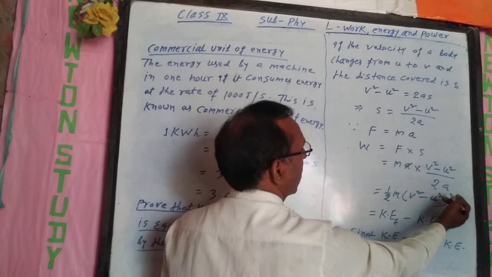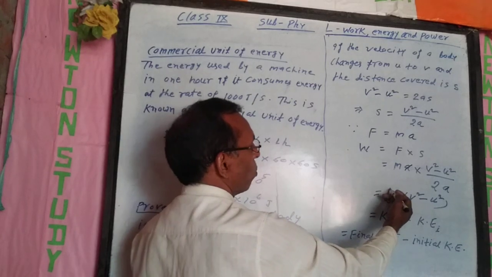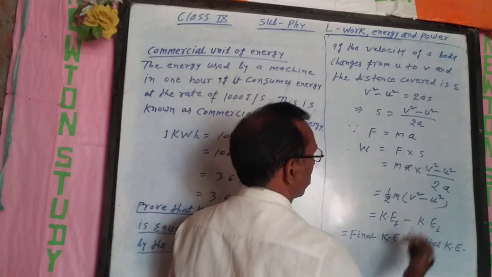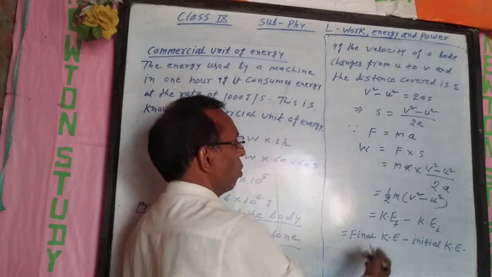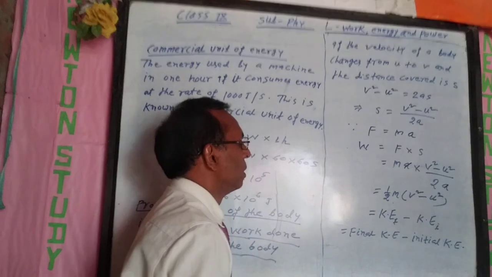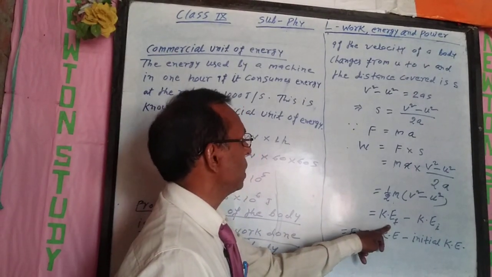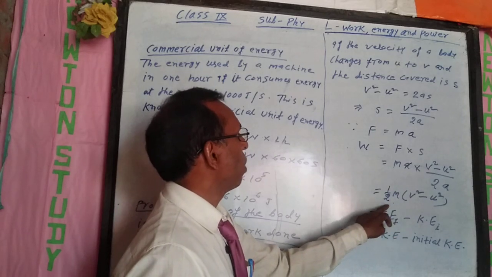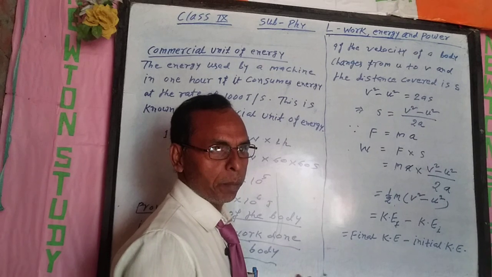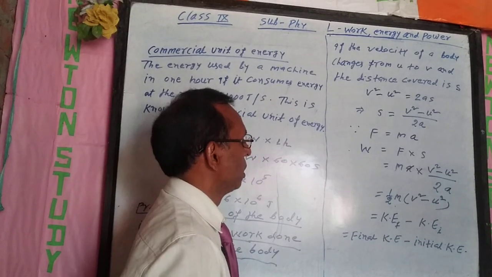The a cancels. We find 1 by 2 m into v square minus u square. 1 by 2 m v square represents the final kinetic energy, and 1 by 2 m u square represents the initial kinetic energy.